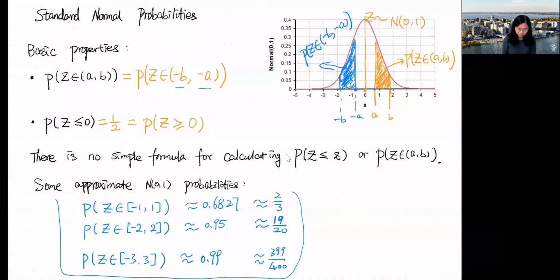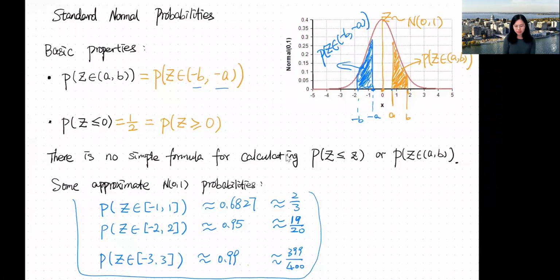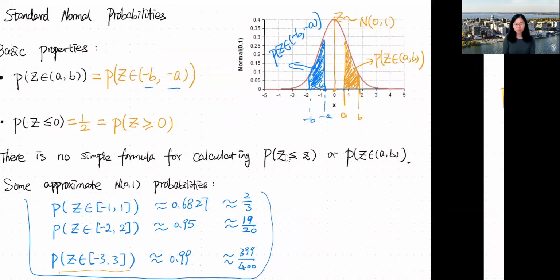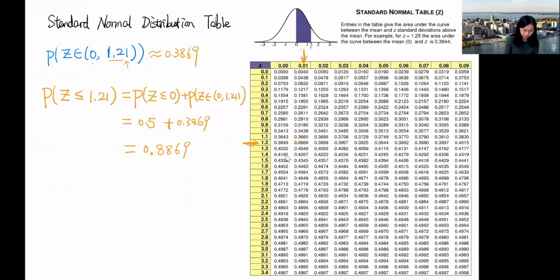And note that I couldn't remember the third and fourth digit of these probabilities. Let's try to figure that out using the table. So what is the probability that z is between -3 and 3? Well, due to symmetry, that should be equal to 2 times the probability that z belongs to the 0 to 3 interval.